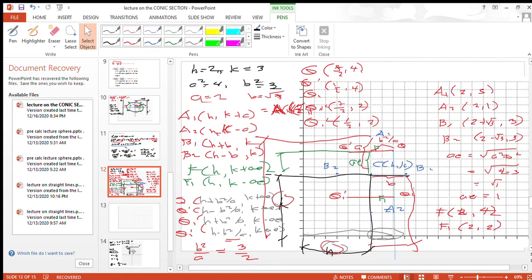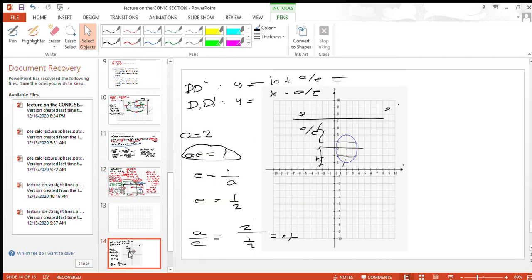So, if A over E is 4, then DD prime will be, ano ba yung K natin? Ang K natin is 3. So, if K is 3, then this must be 3 plus 4, 7. Yun, exacto. So, Y equals 7. Tapos yung isa will be 3 minus 4, minus 1.